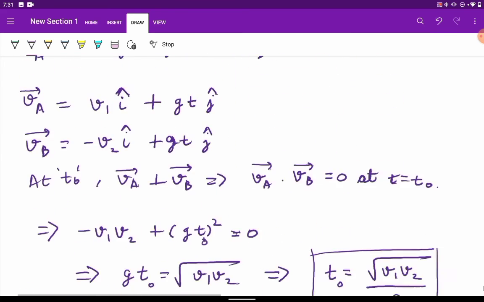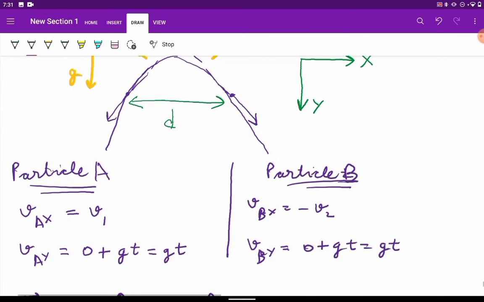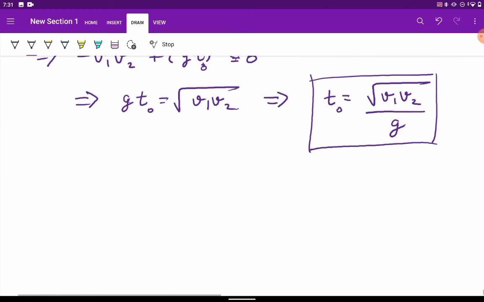So let's see. Here is one thing which is very interesting to note, a really important point.